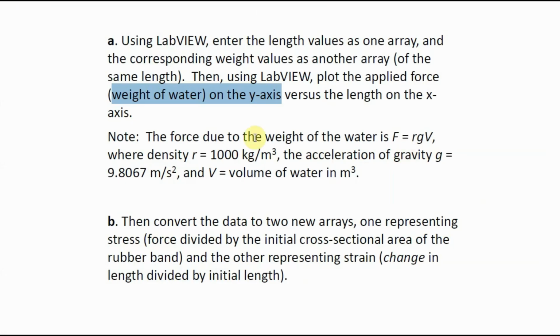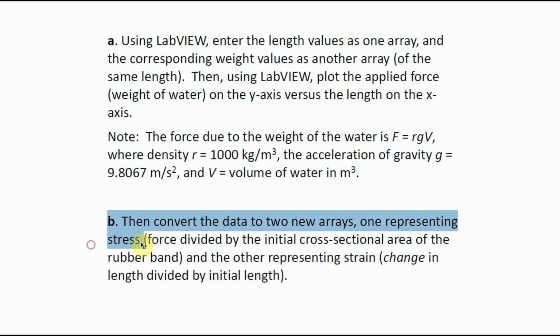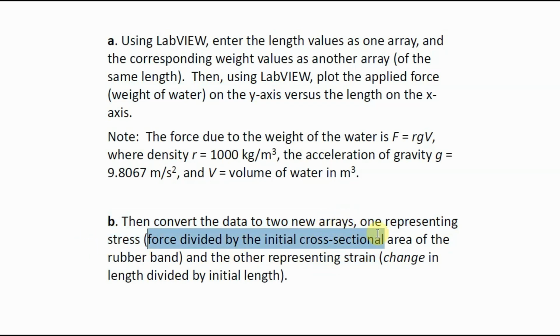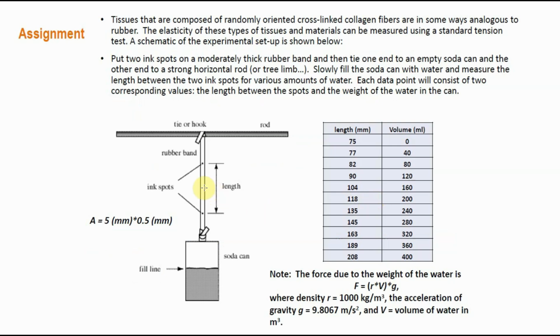This is A, and B. Then convert the data to two new arrays, one representing stress and the other representing strain. So the stress is the force divided by the initial cross-sectional area. This rubber band has a cross-sectional area which is 5 times 0.5. This is the area of the rubber band. If you divide the force by this area, then it becomes the stress.